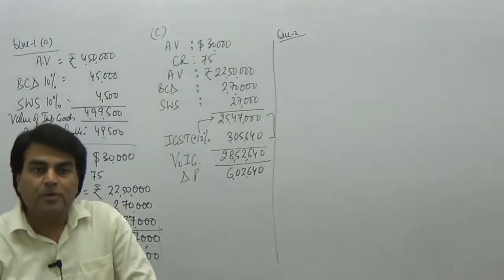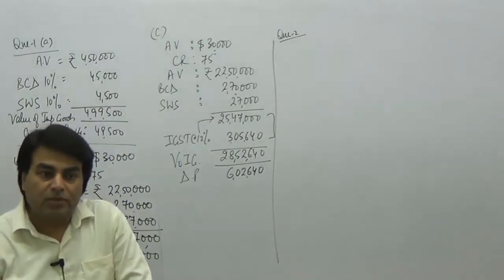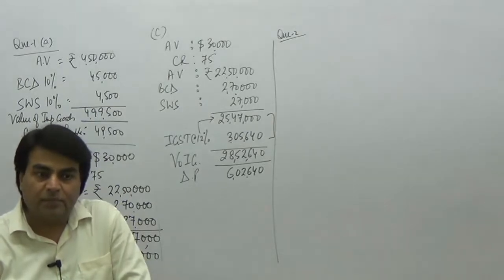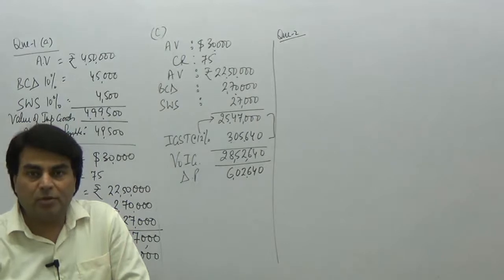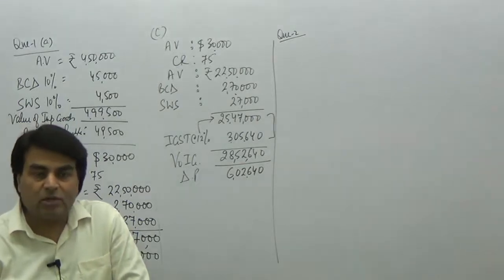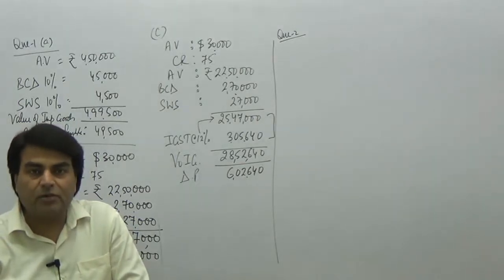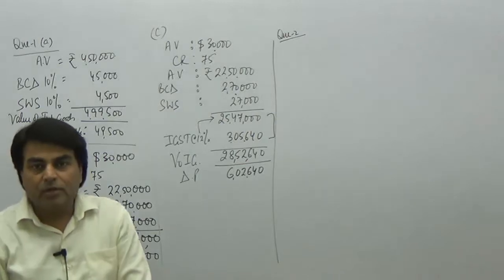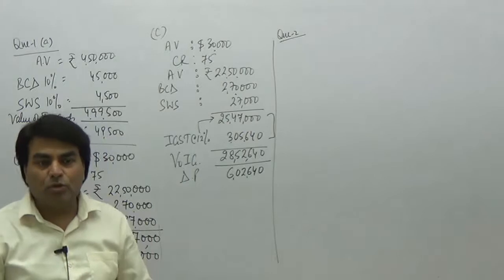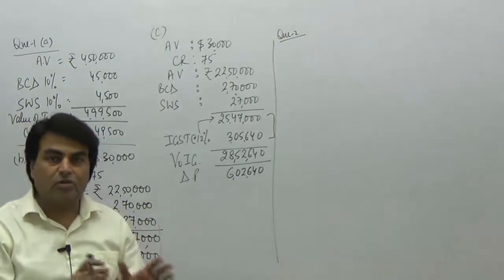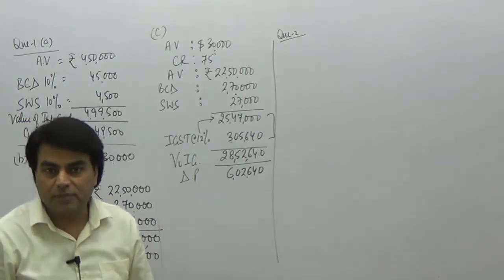Now you need to work out the custom duty payable on the basis of this information given to you. Please see that 2 different dates are given. The first is 28 February when the importer has filed his bill of entry, and second is 3rd of March. It is the date of entry inward. Okay. Now 2 different rates of customs duty have been given to you. 2 different conversion rates are also given to you. Okay.